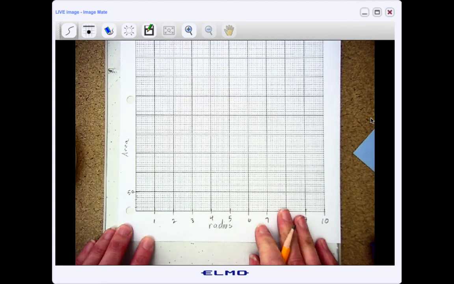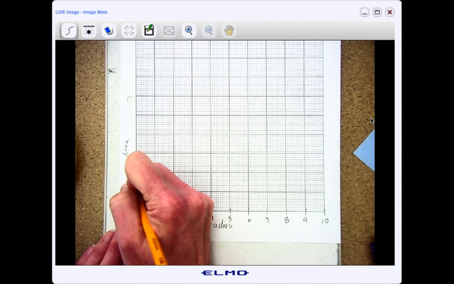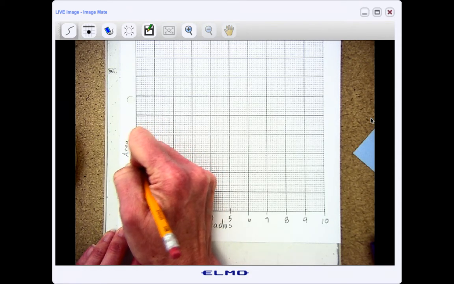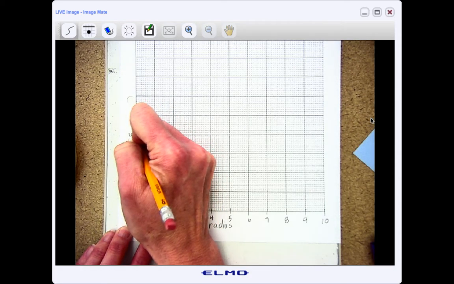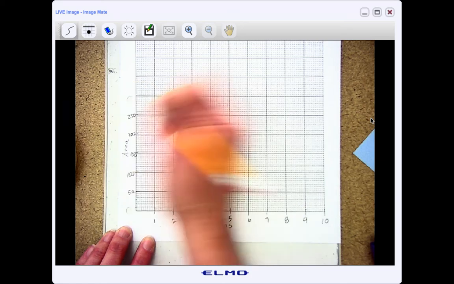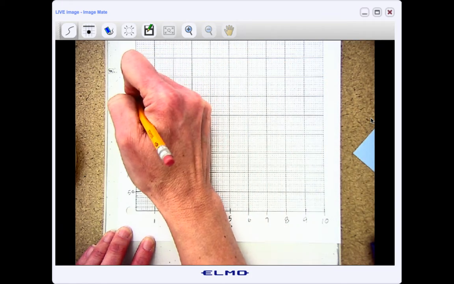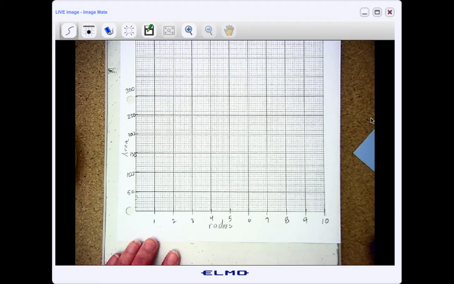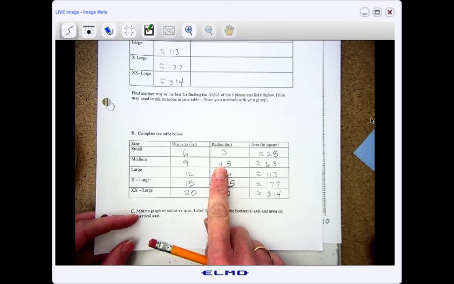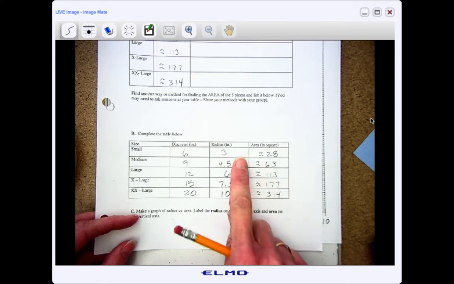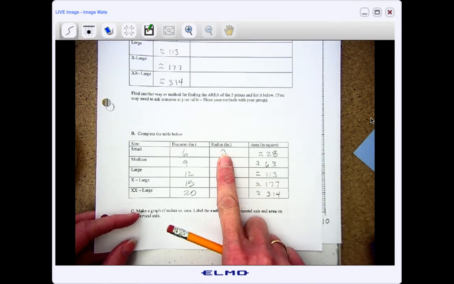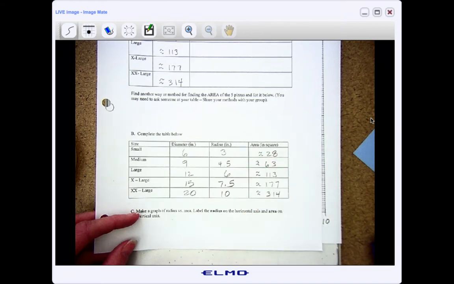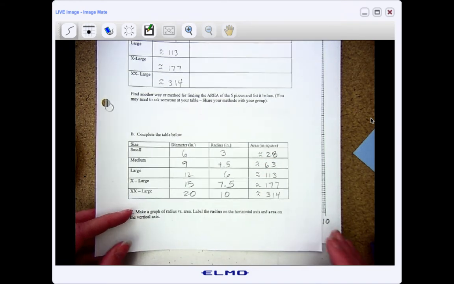So I'm going to put 50 here, 100, 150, 200, 250, and 300. Okay, and then what I want you to do is to graph the radius with the area. So go to radius of 3 inches and then area, and go ahead and plot those points.